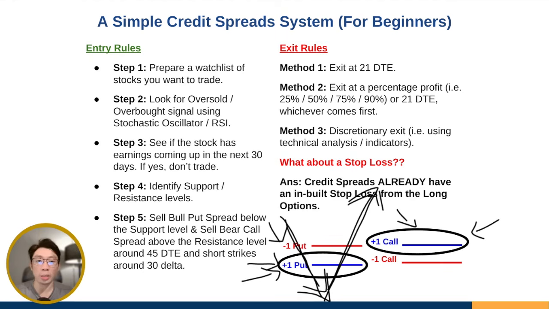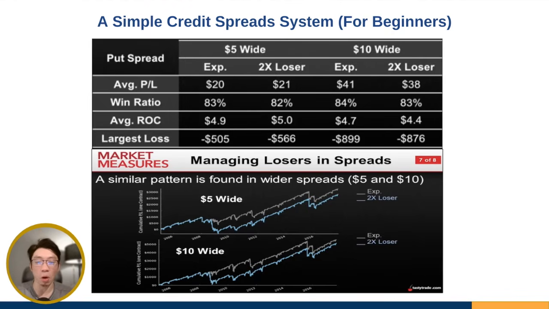Now, if you're wondering, Davis, what about the statistics? Can you show some statistic that stop loss actually doesn't even work for credit spreads? Well, I'm glad you asked, because the Tasty Trade team have already done a lot of studies on this. As you can see over here, this is the study on a put spread where they measured 2x losers, where the stop loss is at 2 times the premium that you receive.